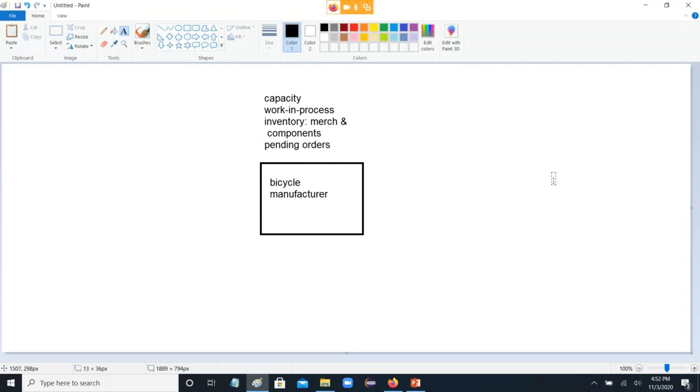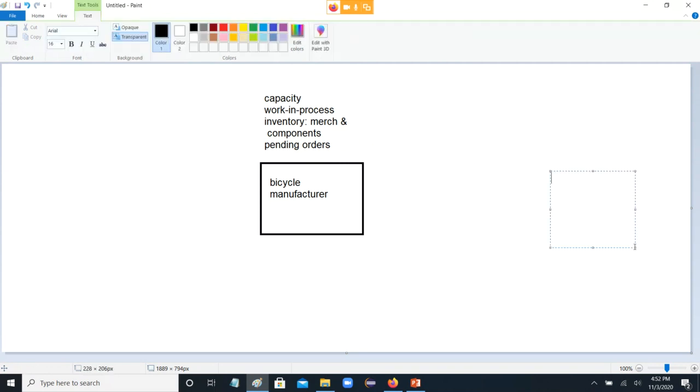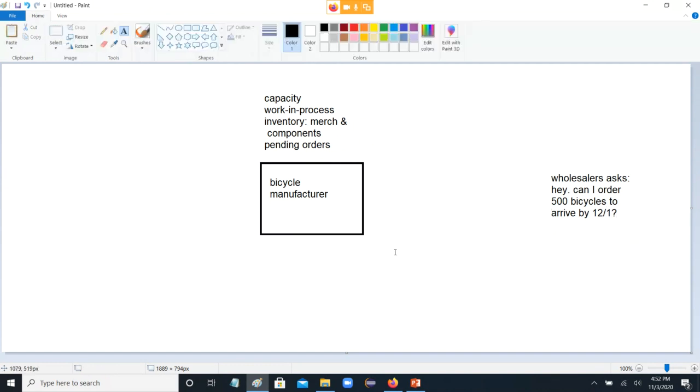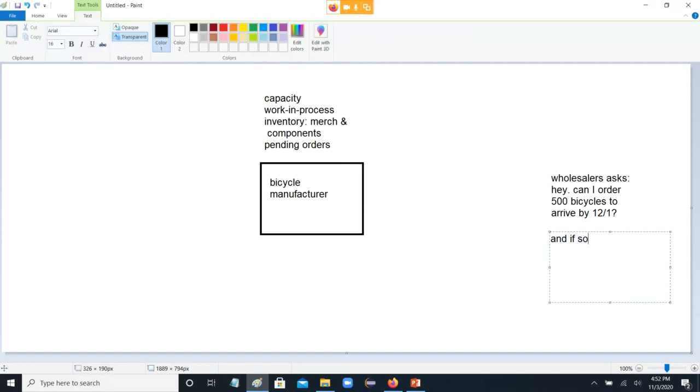Now a customer might ask a simple question. Some wholesaler asks, hey, can I order 500 bicycles to arrive by December 1st? And, oh, we'll add on one thing, and if so, can you give me a quote?